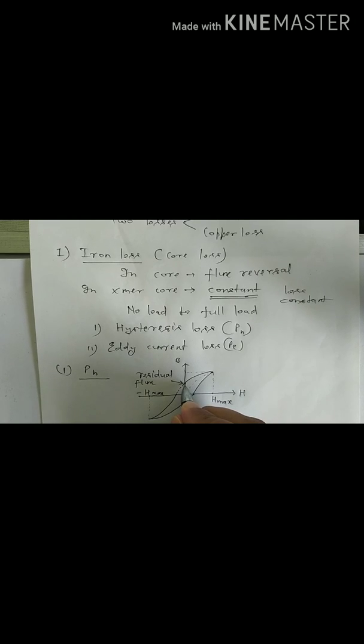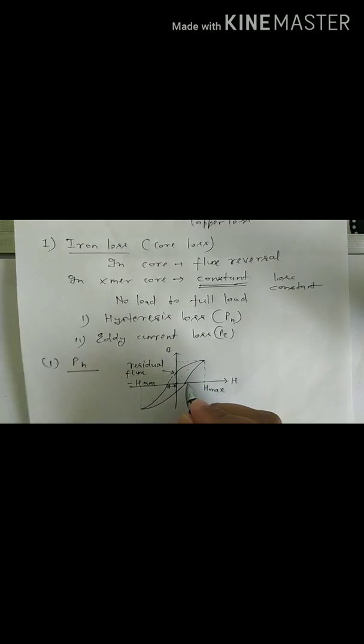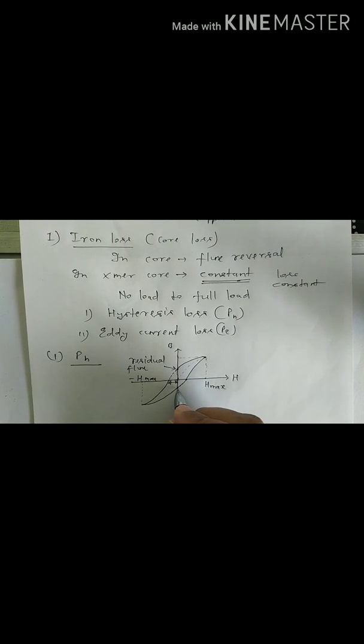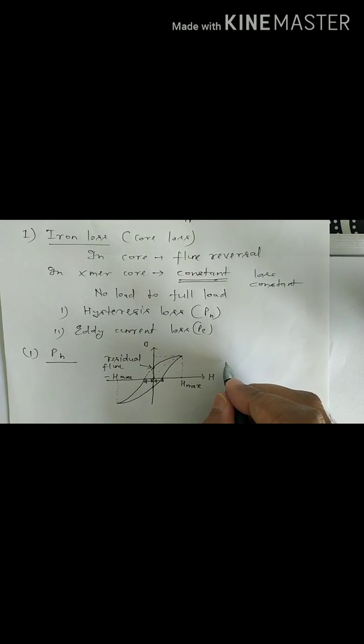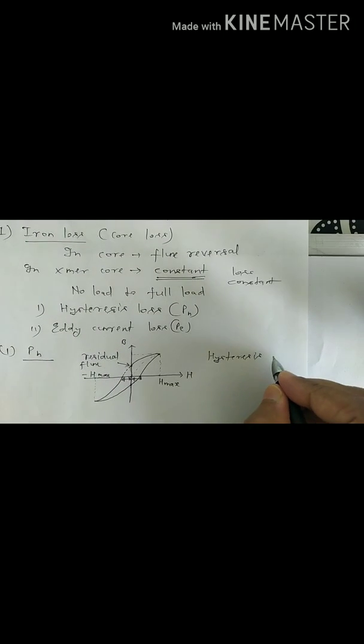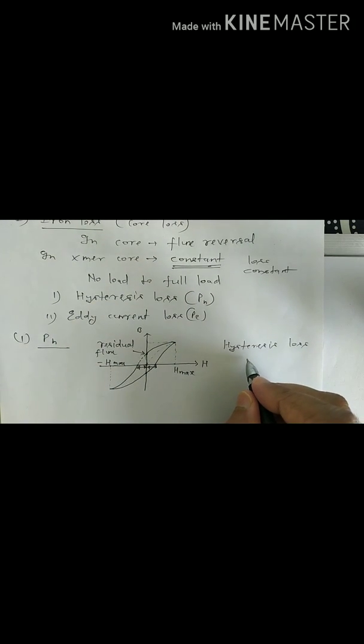So to bring flux density to 0, we have to apply this extra field, and this extra field is nothing but loss, which is known as hysteresis loss. And this loop is known as hysteresis loop.